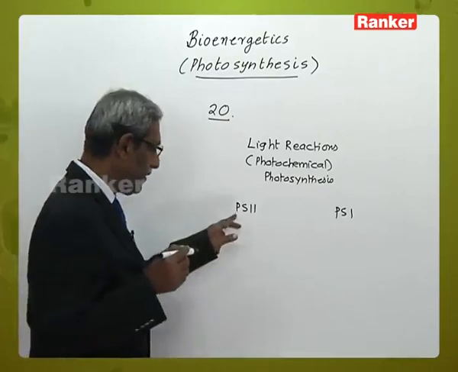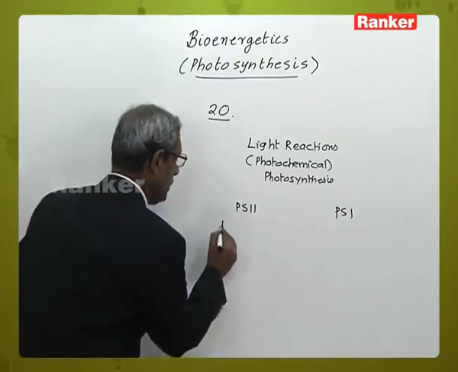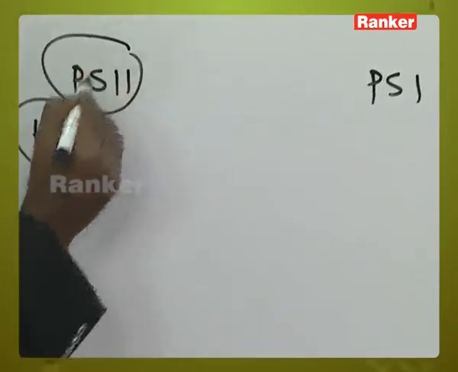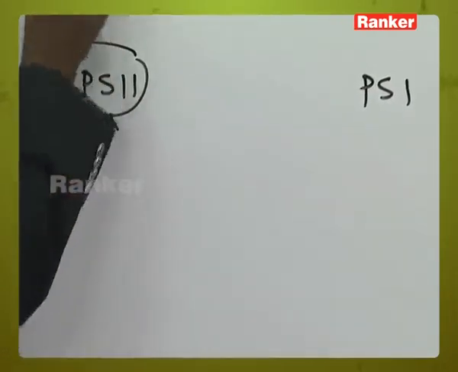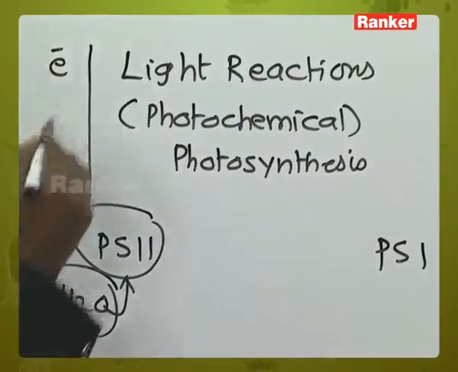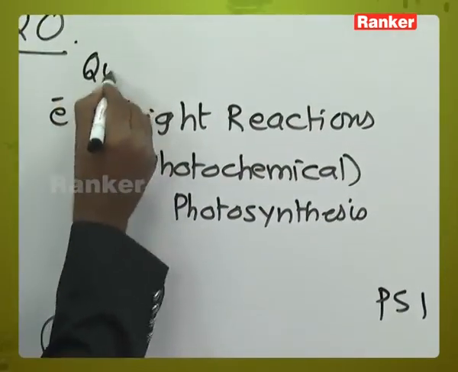So, if you take photolysis of water and electrons getting into photosystem 2, electrons primarily are accepted by a very important compound called quinone.